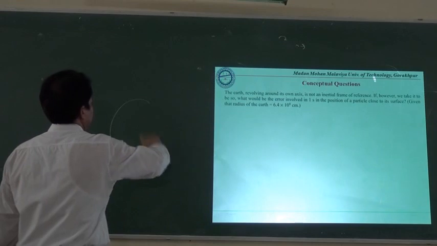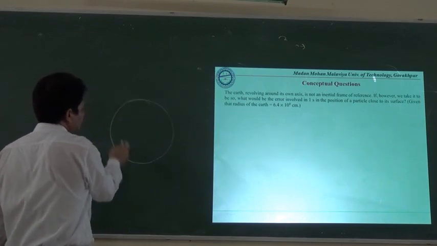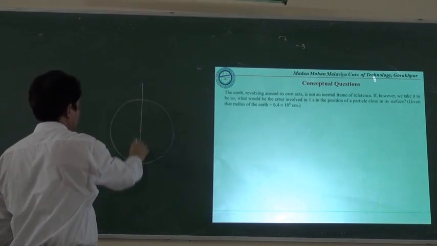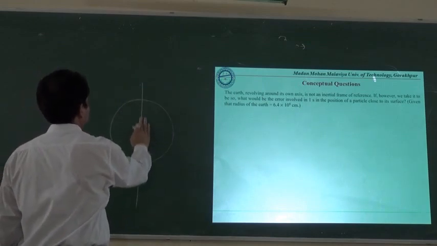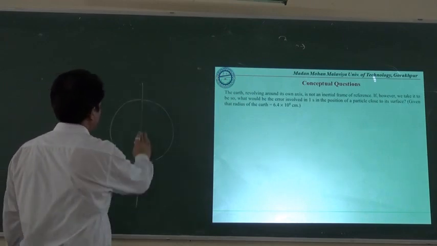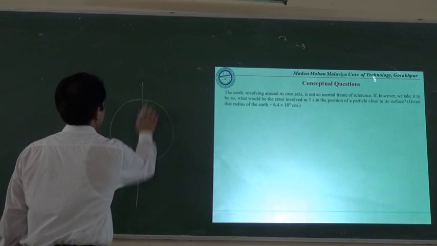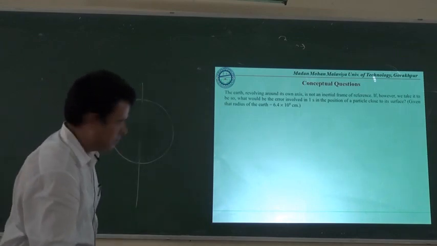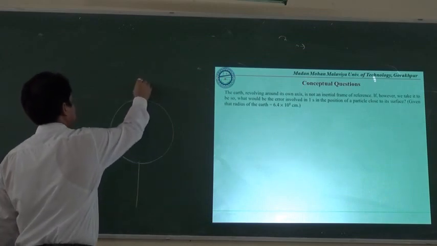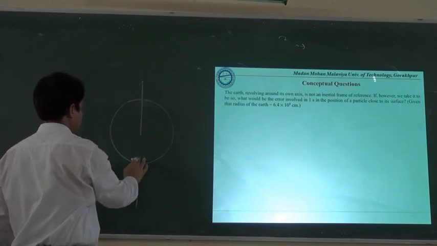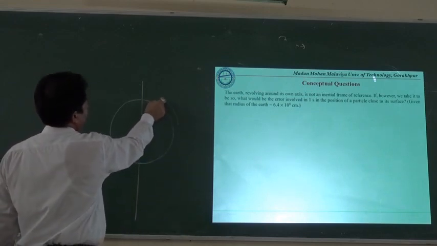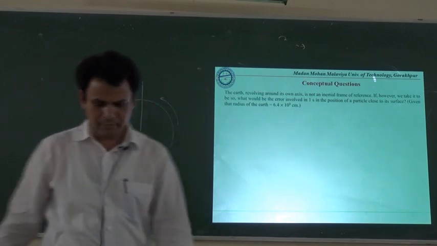Okay. For example, we have the Earth here and it is spinning about its own axis, in this way. So here we have the situation that this is the axis, and this is revolving around this way.